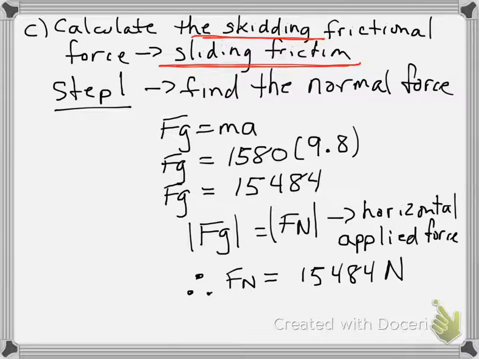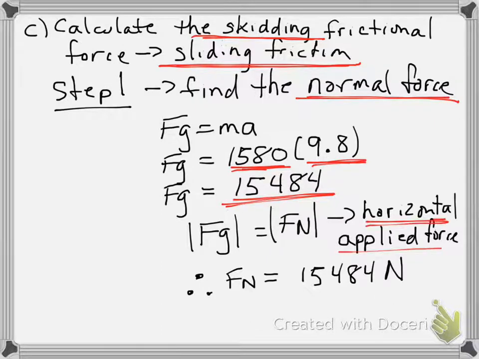Step one is calculating the normal force. Again, we're going to take the mass of the vehicle and the acceleration due to gravity. That's the force of gravity that is calculated from that. We know, because it's a horizontal applied force, that the force of gravity and the normal force are equal. So then we can come to the conclusion that our normal force here is going to be 15,484 newtons.